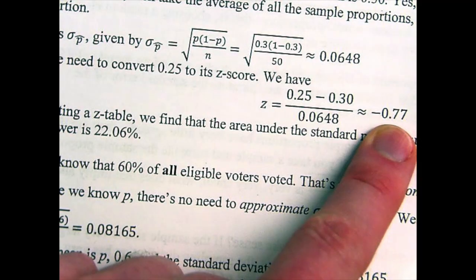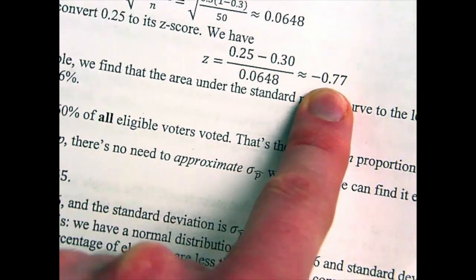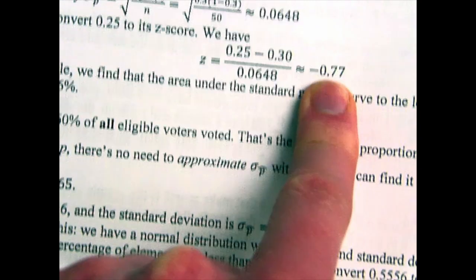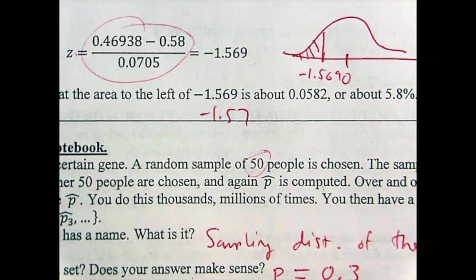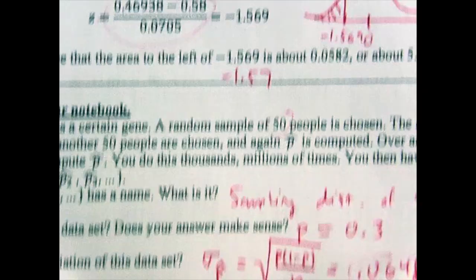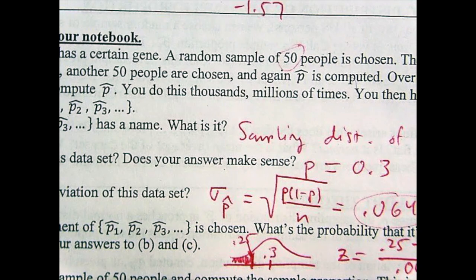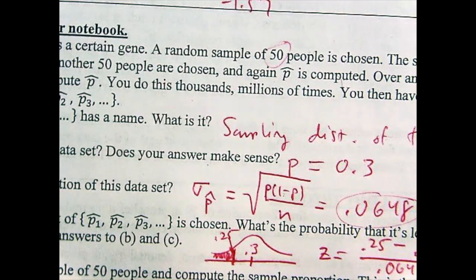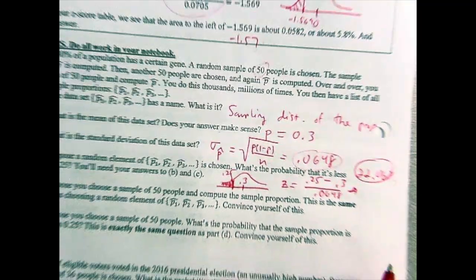If you consult the z-table and look at the area under the standard normal curve to the left of that number, you get 0.2206. So 22.06% is the answer to that question.